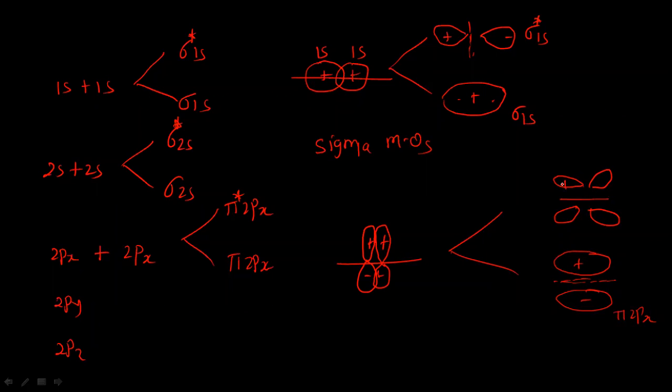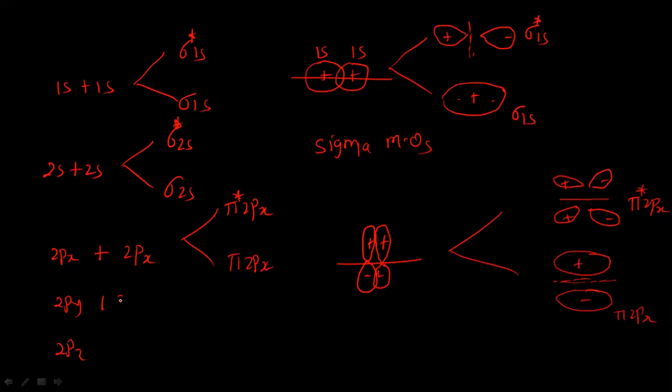Positive and negative overlap get cancelled there; they are away from each other in the pi star 2px antibonding molecular orbital. So in this way, 2px gives pi 2px and pi star 2px.